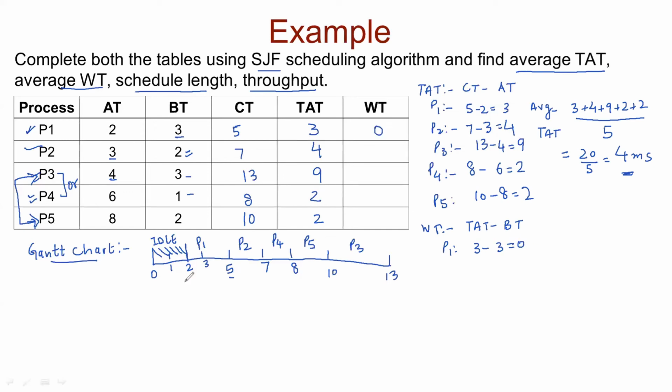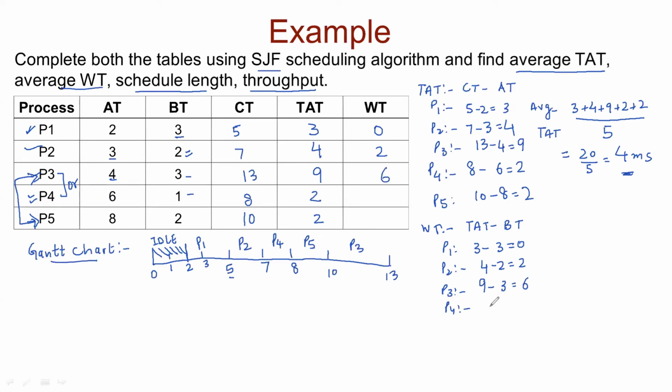You can also verify it from Gantt chart. P1 arrives at 2 and it was also allocated CPU at the same time. So it does not have to wait. P2, turnaround time is 4, burst time is 2, waiting time is 2. P3, turnaround time 9, burst time 3, so waiting time is 6.